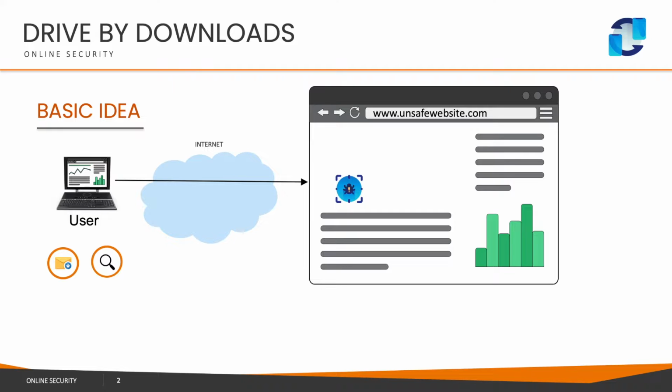Now, the problem with these types of websites is that they have malware, which are basically scripts. And since your browser is supposed to run JavaScript, they leverage this and try to install malware onto your browser and from there on onto your systems, right? A lot of times this malware can also come as browser extensions.